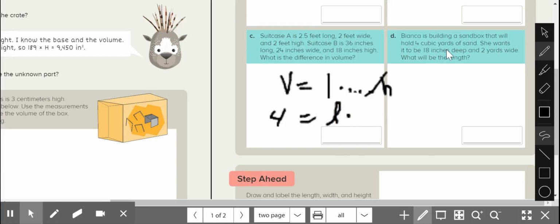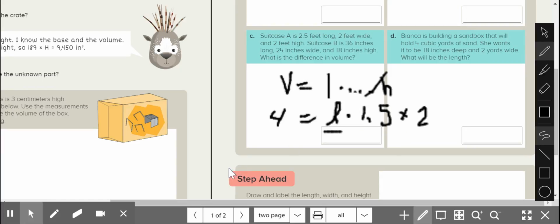But I know that 18 inches. Okay, how many feet are there in... Well, okay. 36 inches in 1 yard. So 18 inches is 1.5. So length times 1.5 times 2. Now what I want you to do is figure out what the length should be. We know that this is 2 wide, and we know that it's 1.5 deep.